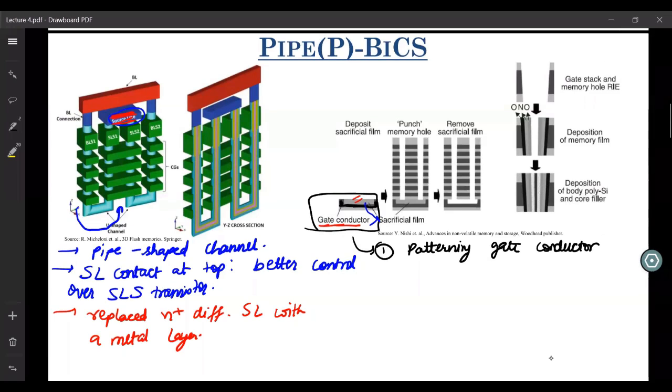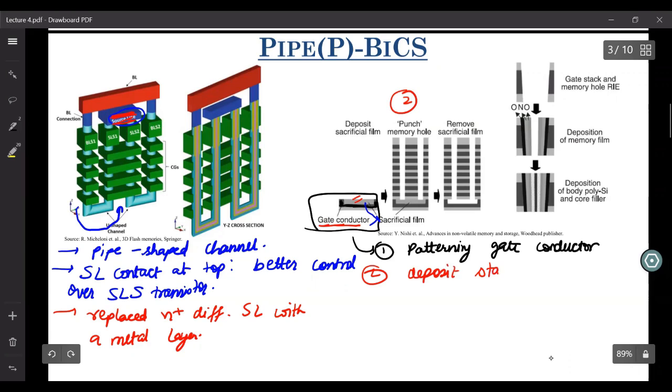And then in the second step, you deposit a stack of polysilicon and insulator like you did in BiCS. And then you etch the holes like this.